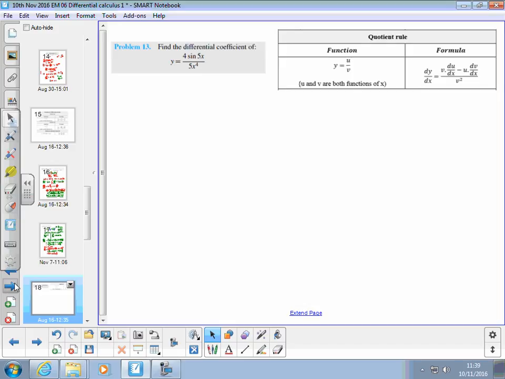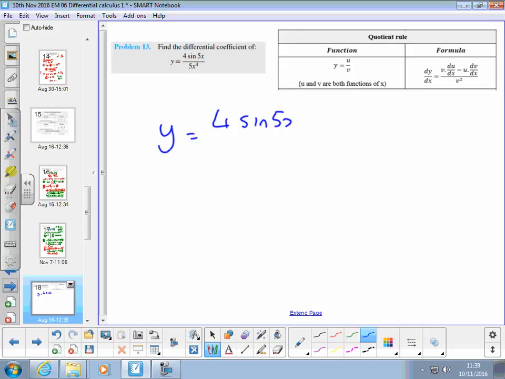Quotient rule. Along similar lines here, we've got a fraction where y is equal to 4 sine 5x over 5x to the power of 4.